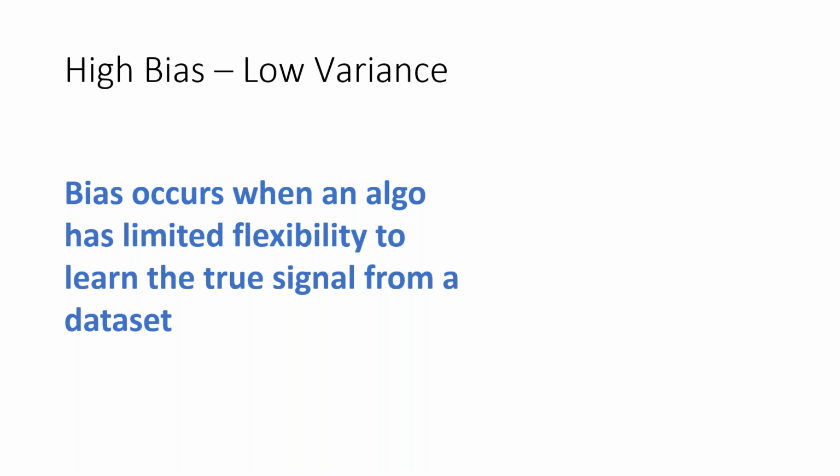It will never understand the curvy relationship that may exist. So bias occurs when an algorithm has limited flexibility to learn the true signal from a data set. High bias algorithms basically cause the underfitting problem.